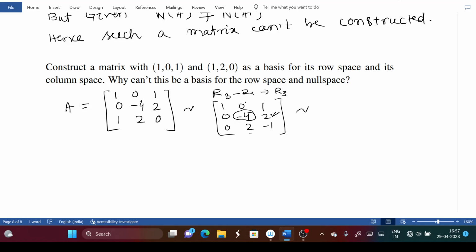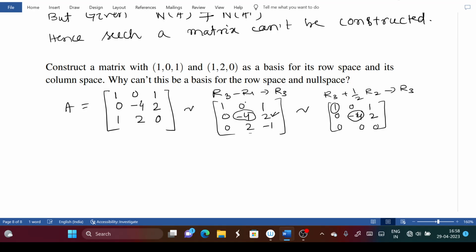So it is R3 plus half R2 stored in R3. How much it is? 1 0 1 0 minus 2, 0 minus 4 2. It is 0 0 0. So it is of rank 2.